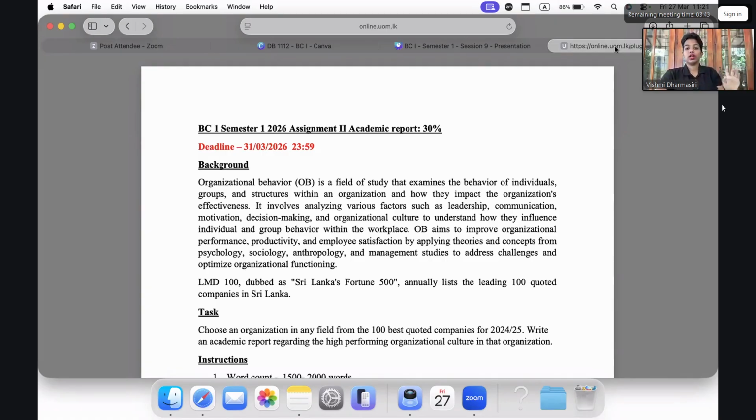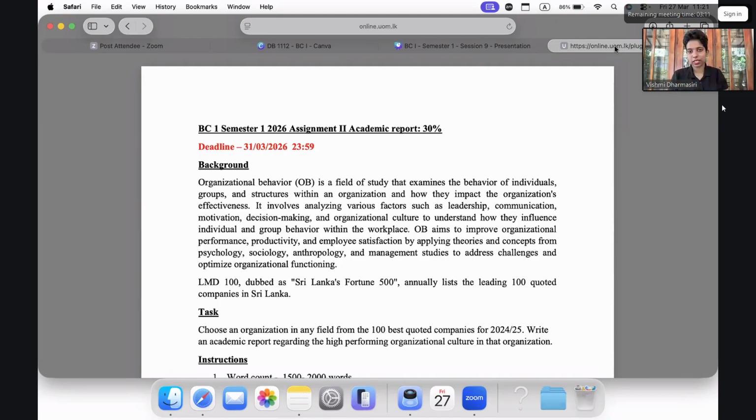So keep it in a very investigative state, because you can't be analyzing these heavy theories in your report. But yes, it would be great if you can cover leadership, communication, motivation, decision making, and organizational culture. These can be your subheadings.